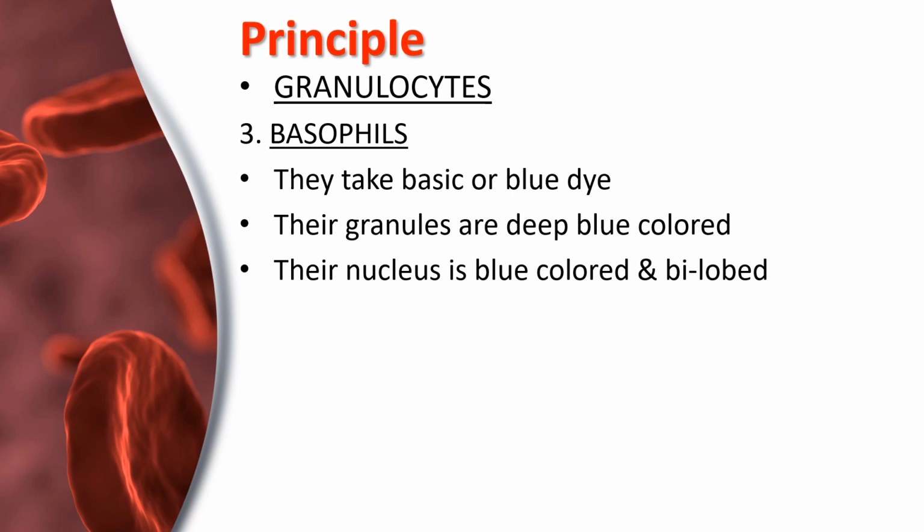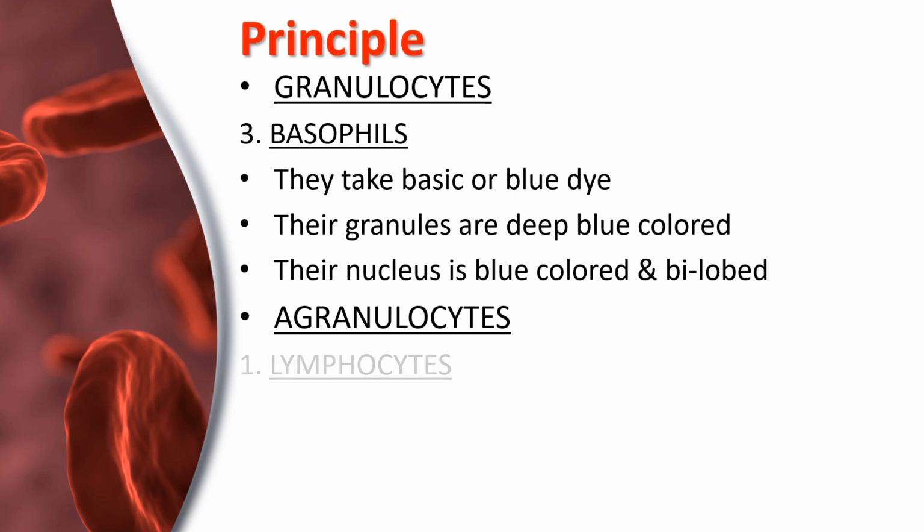Now we will talk about agranulocytes. They are further divided into two types which differ in size and shape. First type is lymphocytes. According to their diameter, lymphocytes are divided into two types, small and large lymphocytes.